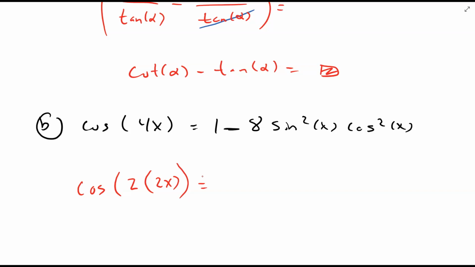Good. So Megan says 1 minus 2 sine squared is the one that she would use. Why did you pick that one, Megan? Yeah. Because this one started with 1 minus, let's pick the identity that also starts 1 minus. That seems like a solid bit of reasoning.